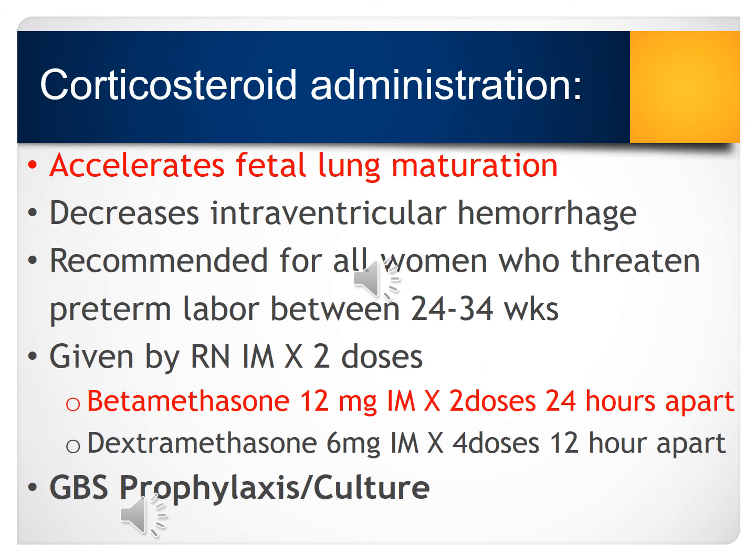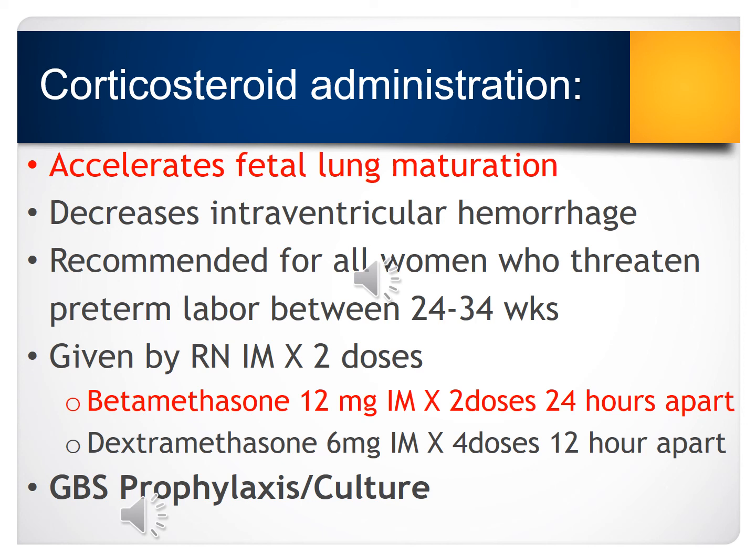So corticosteroids, in particular betamethasone, is what you will most likely see, helps to accelerate fetal lung maturation. So it helps with the development of surfactant, which is needed in order for the lungs not to collapse when the baby breathes. And so we know that surfactant isn't fully developed until around 35 weeks gestation.